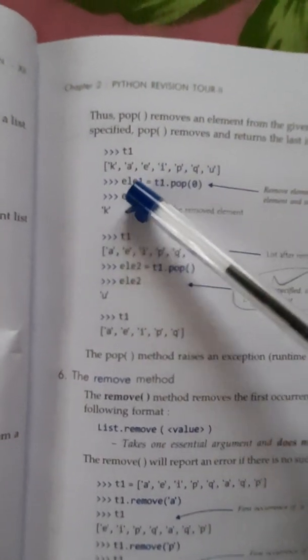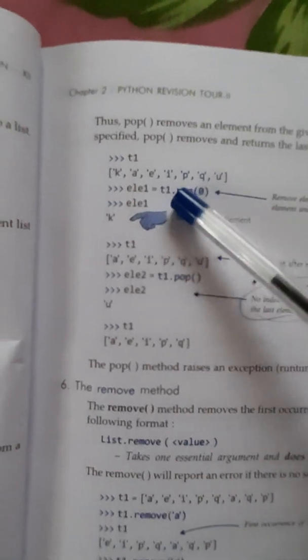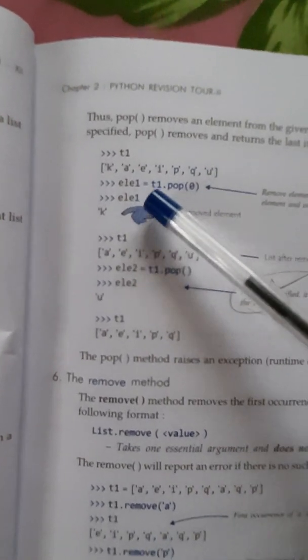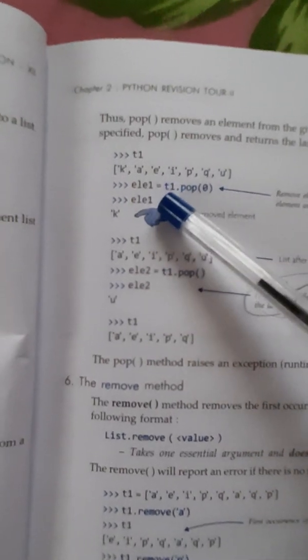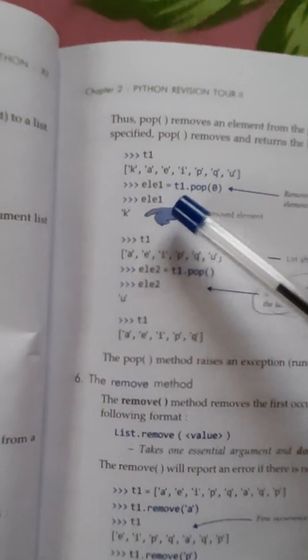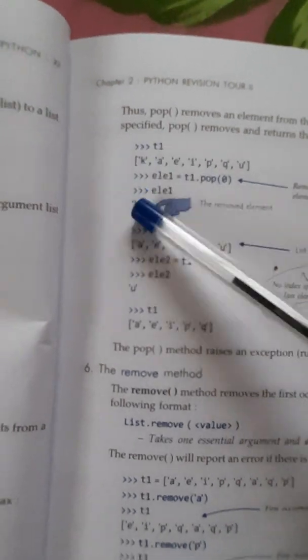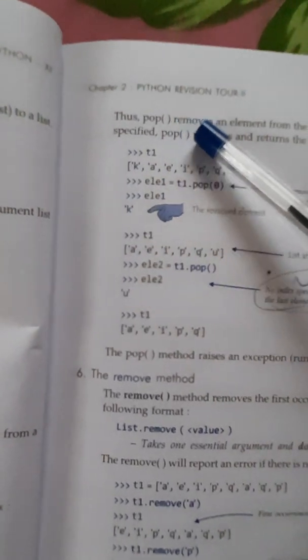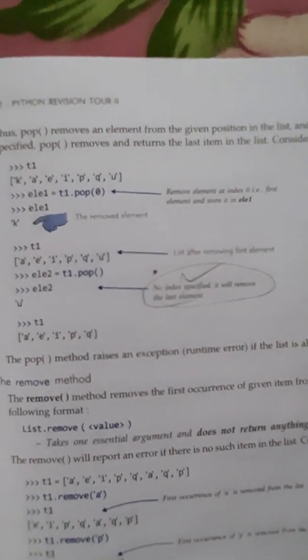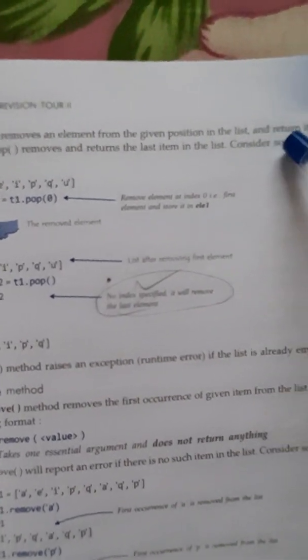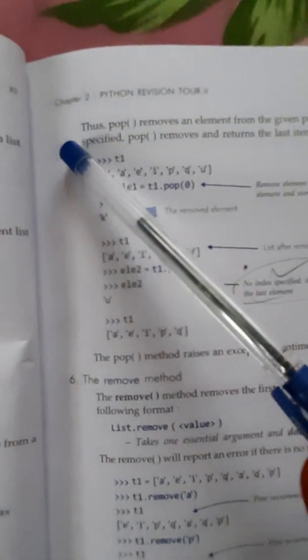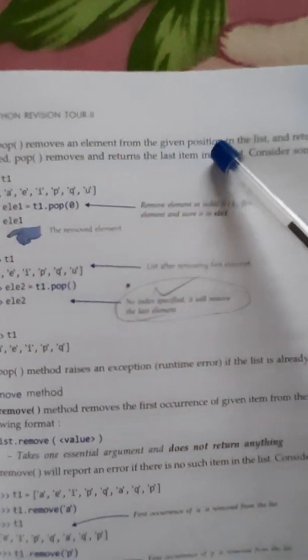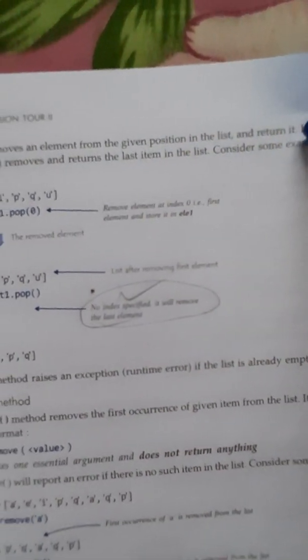Look at T1, with seven elements given, starting with K. Element is equal to T1 dot pop of 0. Now you display which element you have popped. It is K. The pop removes an element from the given position in the list and returns it.